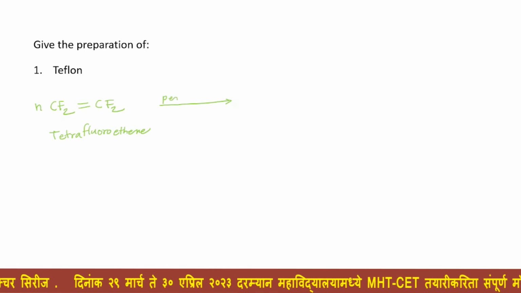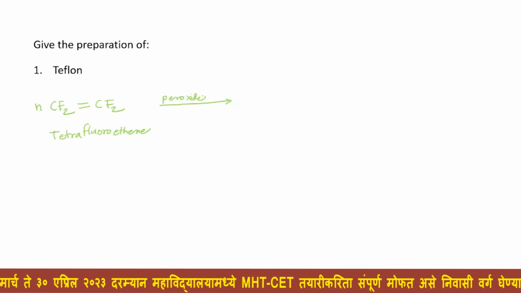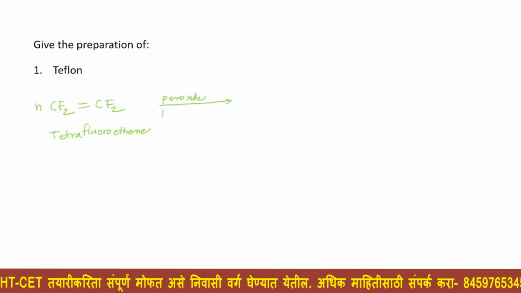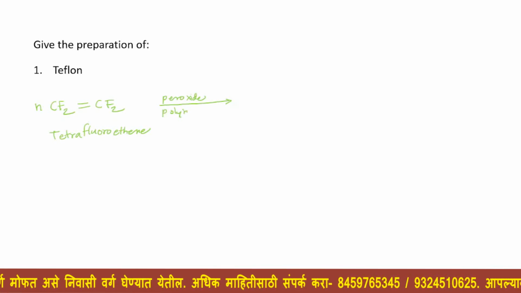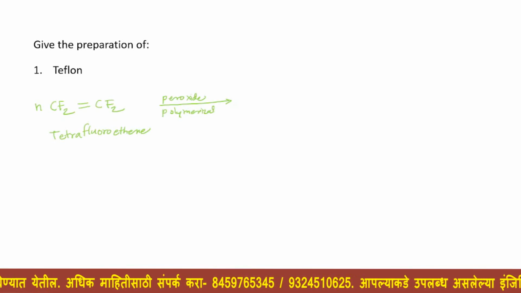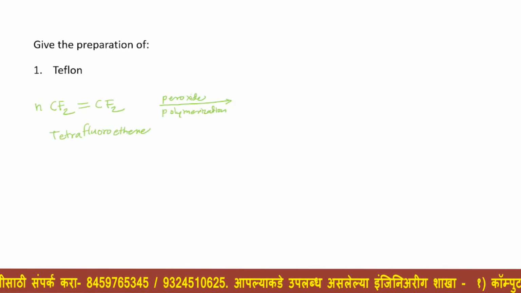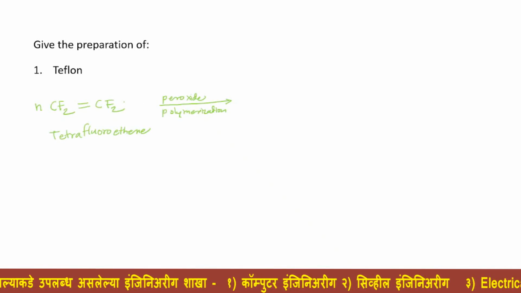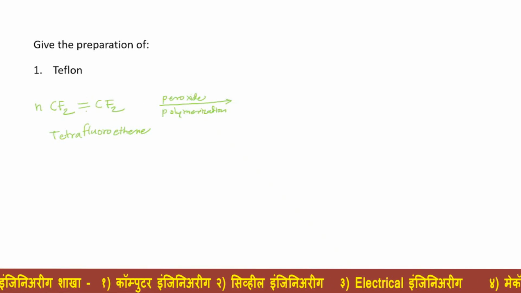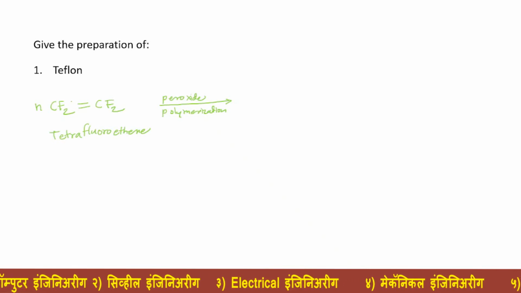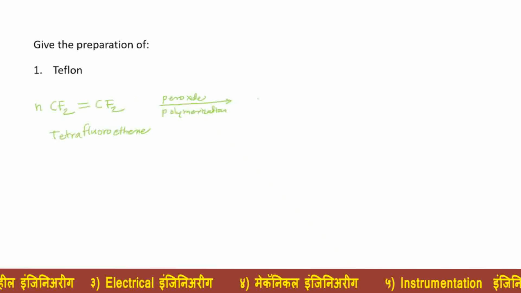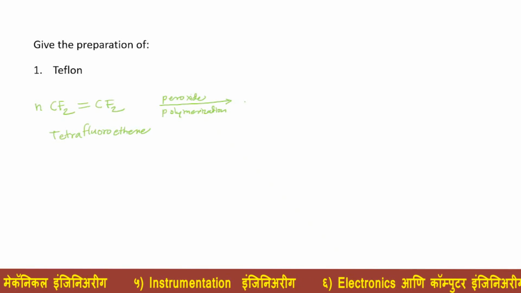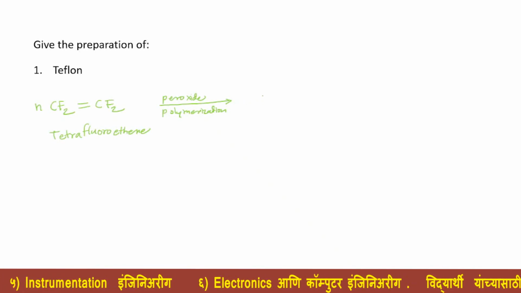So let's say peroxide initiator, and this reaction we call polymerization. What will happen? With the help of this peroxide initiator, this double bond will be broken again and a continuous chain of tetrafluoroethylene will be made, which we call the polymer, polytetrafluoroethylene or Teflon.